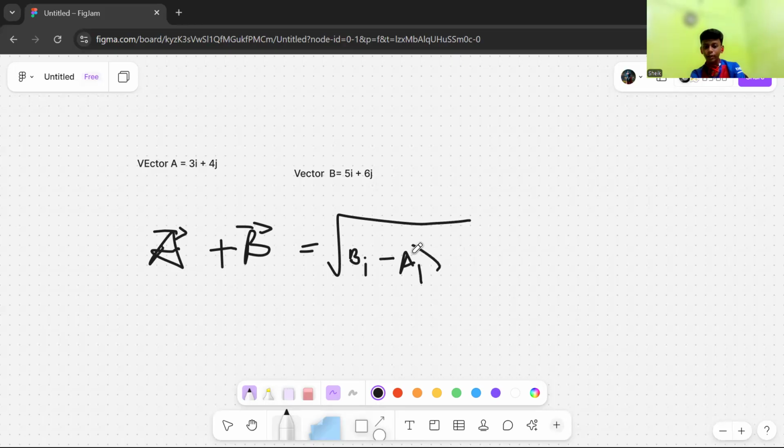After that, we have to put a bracket and whole square, plus vector B second value minus vector A second value.